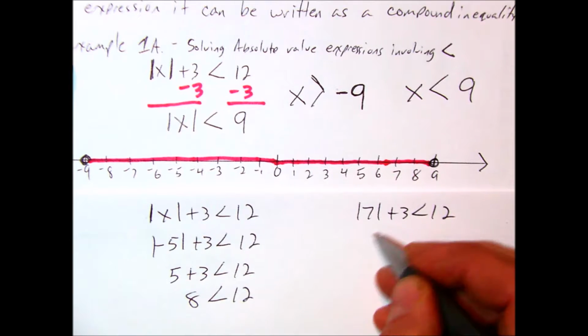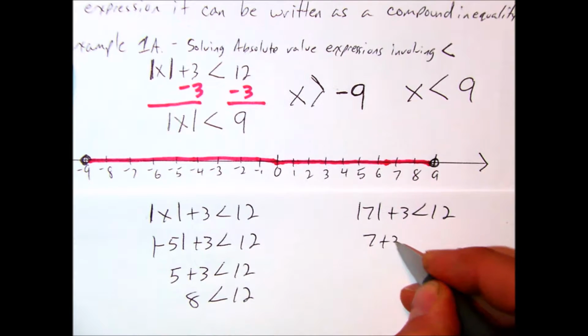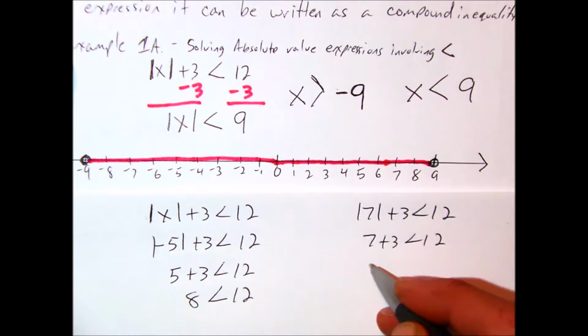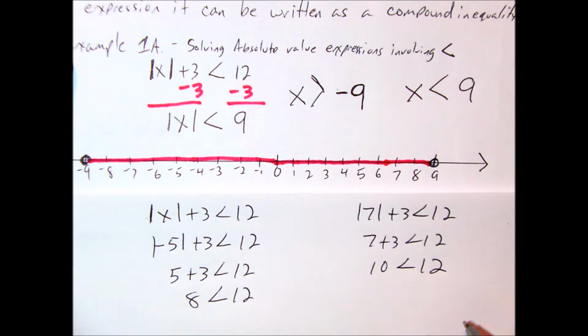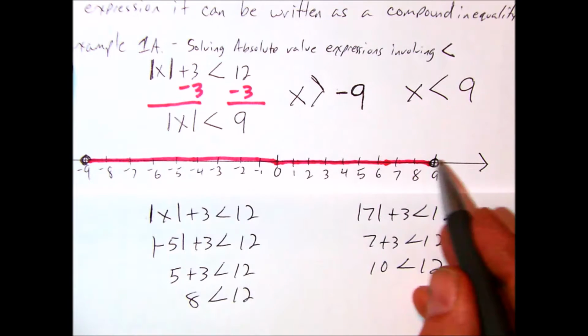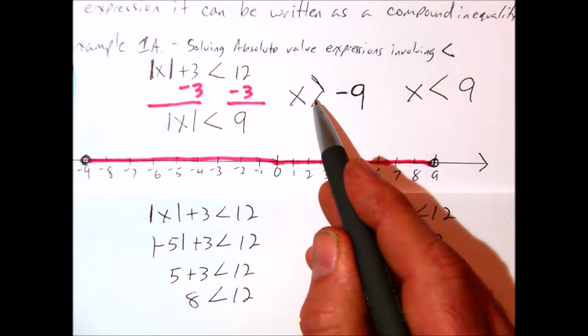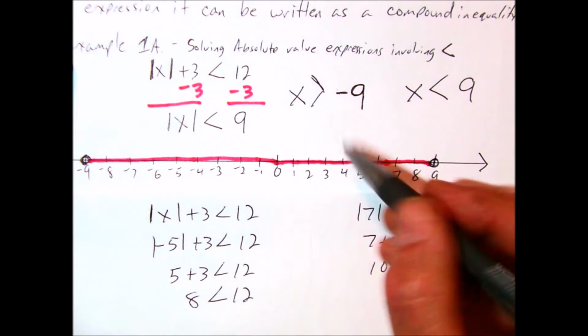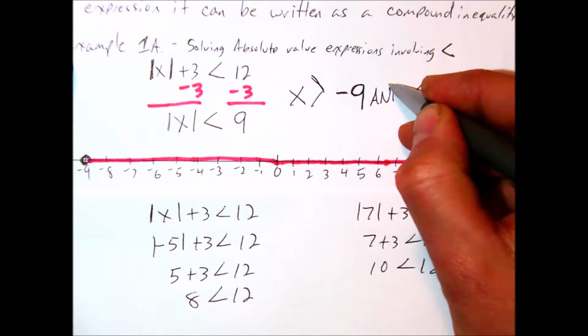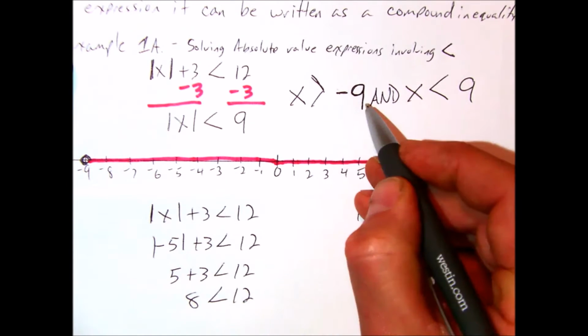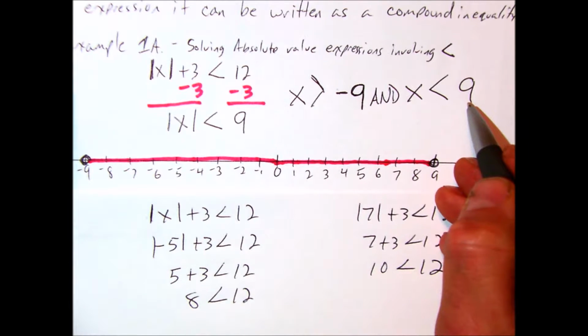So the absolute value of 7, of course, is 7 plus 3 is less than 12. 10 is indeed less than 12. So that tells us that our graph is correct and our compound inequality. So this is x is greater than -9 and x is less than -9.